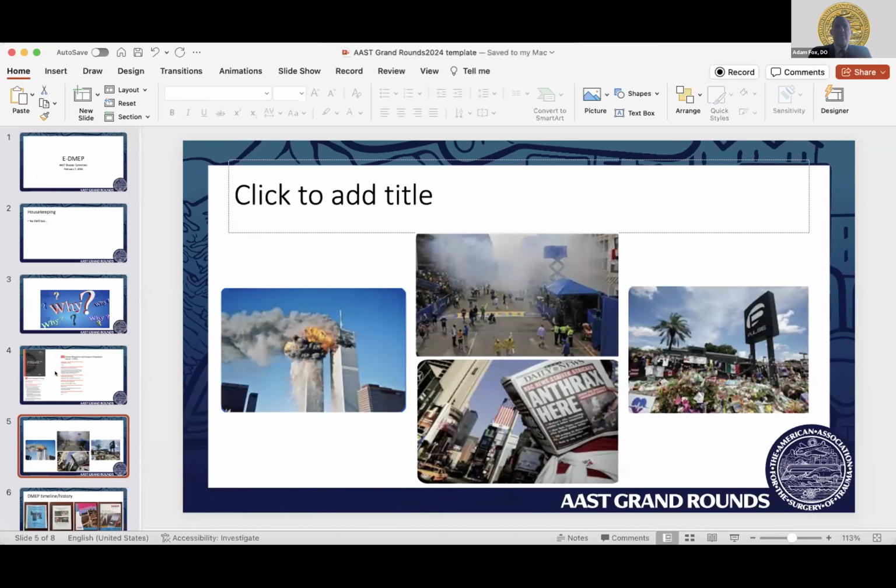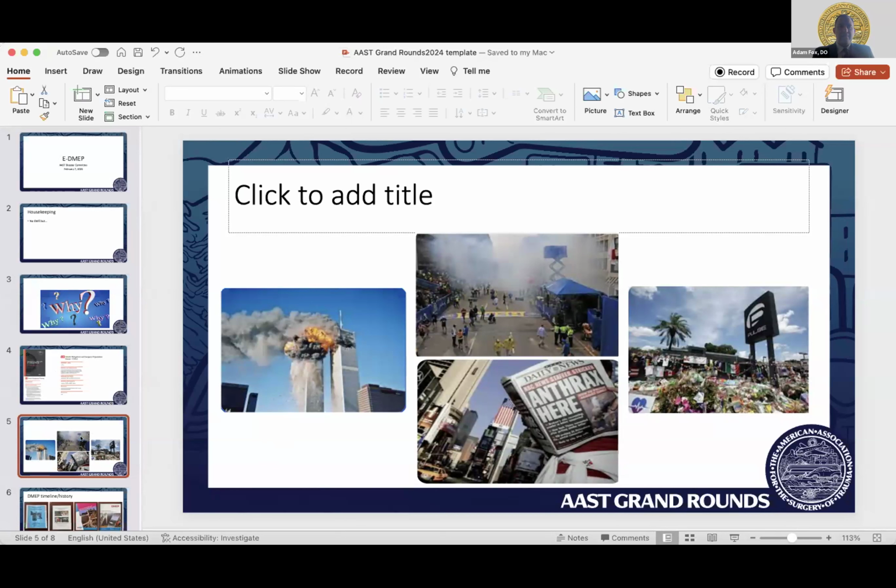Not just being able to be deployed out, if you so choose, to a place like Haiti after an earthquake, but to have an understanding of what disaster is and how to respond in your hospital so that you can appropriately take care of large numbers of patients, or even if it's not large numbers, but large enough numbers of patients that it overwhelms your system.